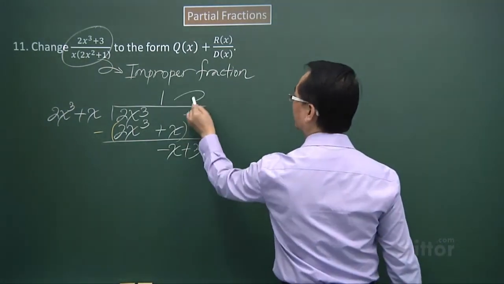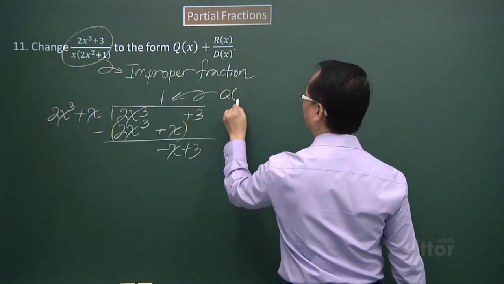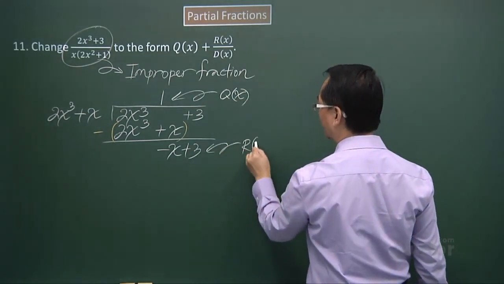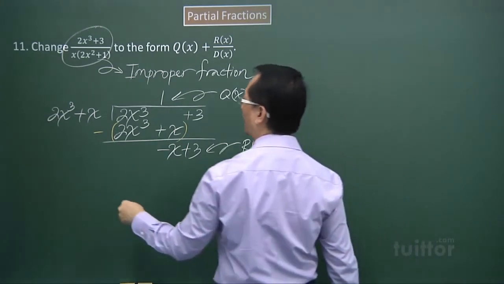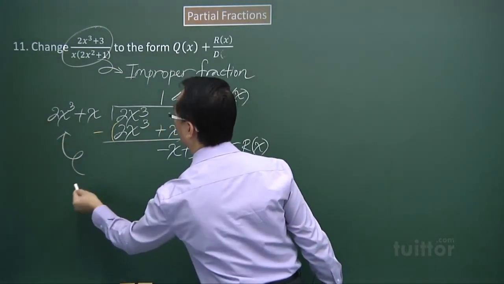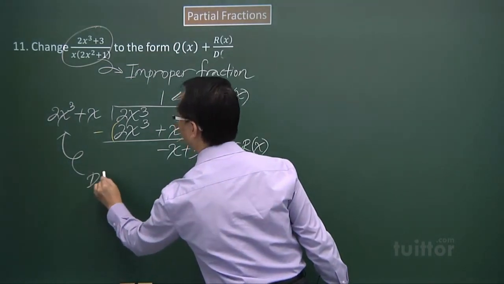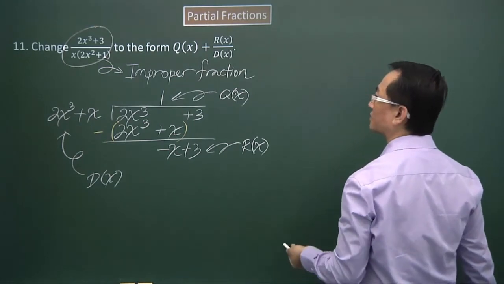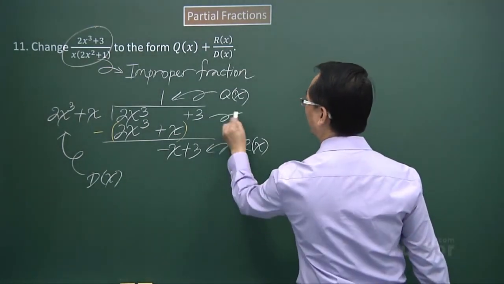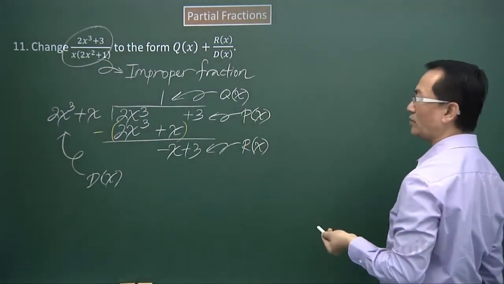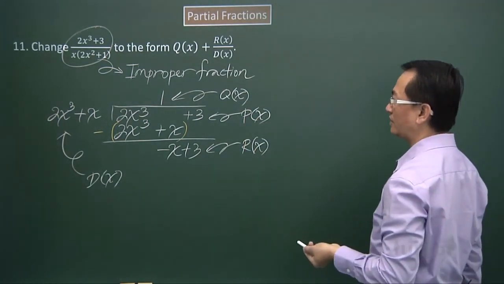So this is my quotient, this is my remainder, and this is my divisor. And that is my polynomial expression for the dividend.